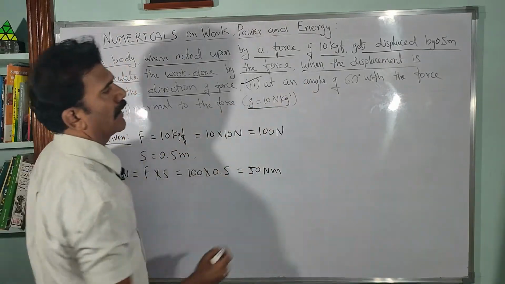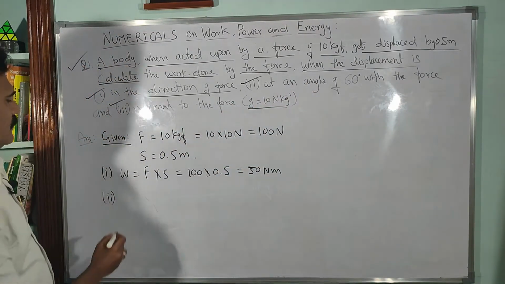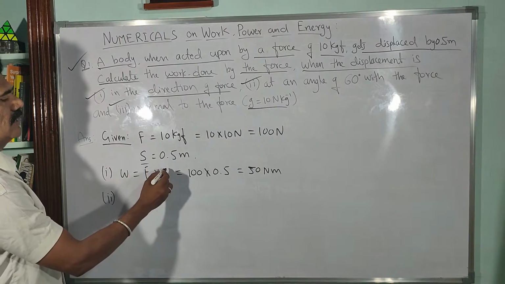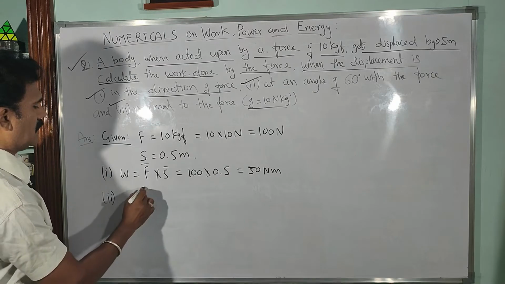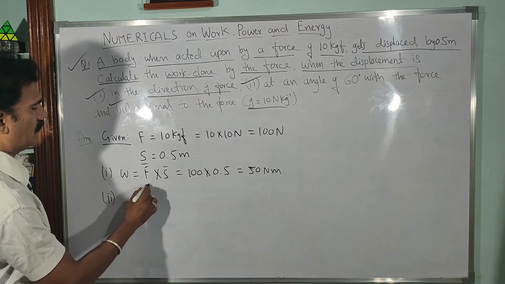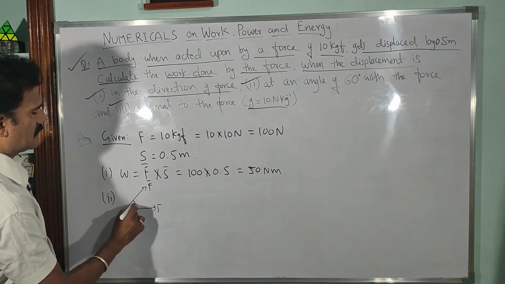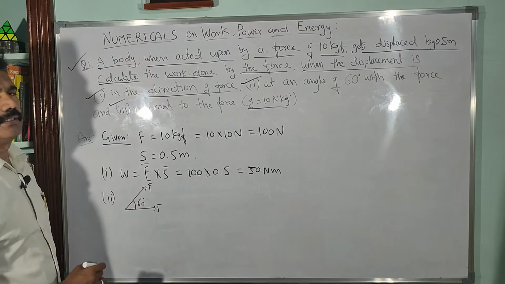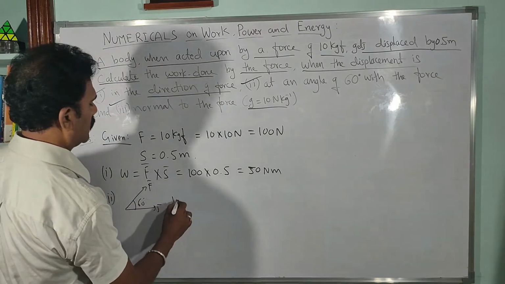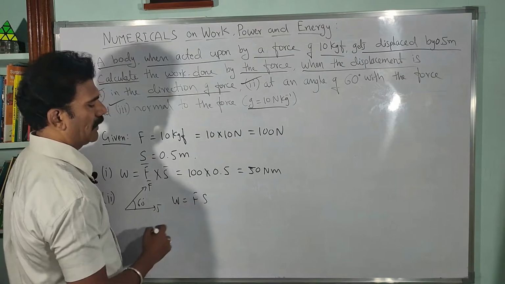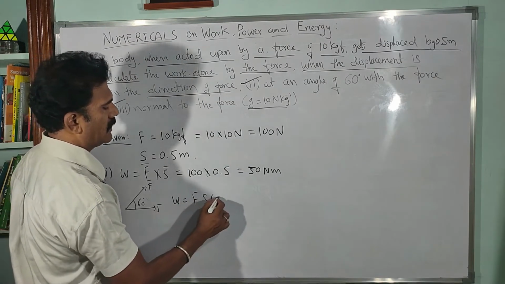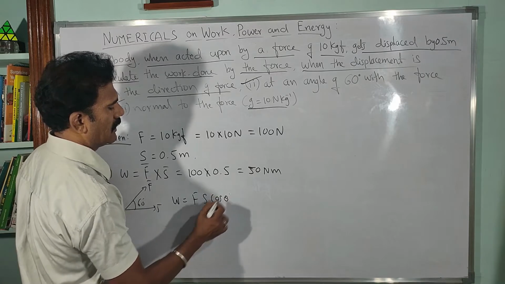When the angle between them is 60 degree, as you know, force and displacement are two vectors. So when the angle between the force and displacement is 60 degree, what is the work done? W is equal to the magnitudes of F and S multiplied by cos theta in general, isn't it?